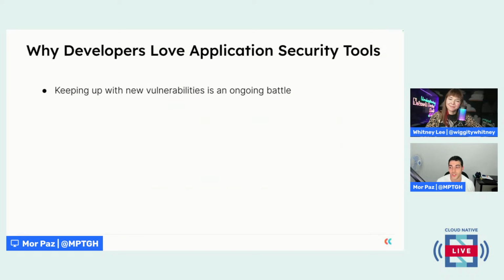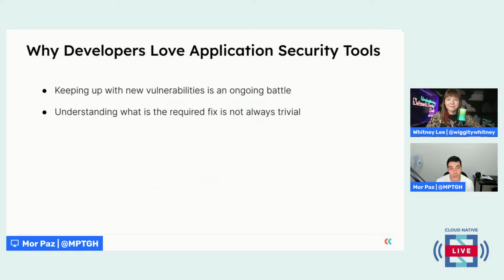Obviously, attackers will continue to detect new vulnerabilities, and those need to get patched. This means that keeping up with these vulnerabilities is an ongoing battle. So application security tools make it very easy to keep track of all of those new vulnerabilities and also take care of them. And again, this is what's great about application security tools.